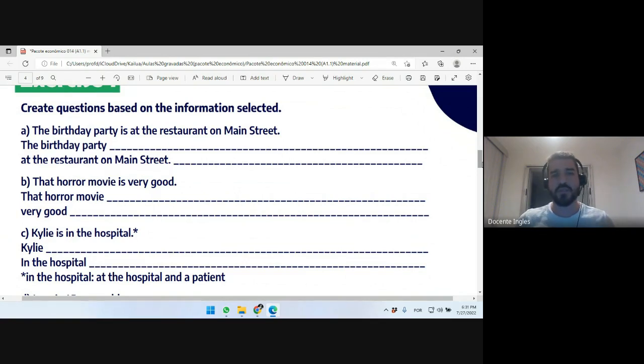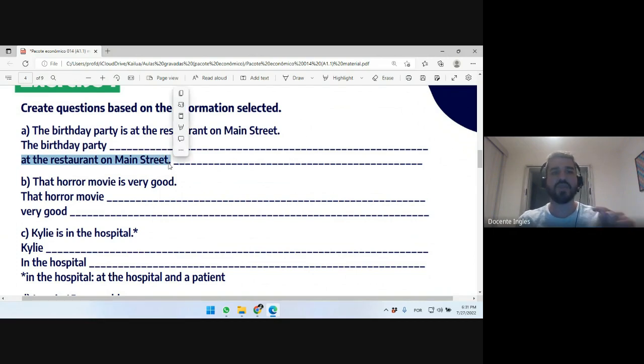What we normally do. Normally, we have a question. After the question, we have the answer. In exercise 1, we have the opposite. Here is the complete sentence. Based on these parts, so these parts selected here are the answers to the questions.